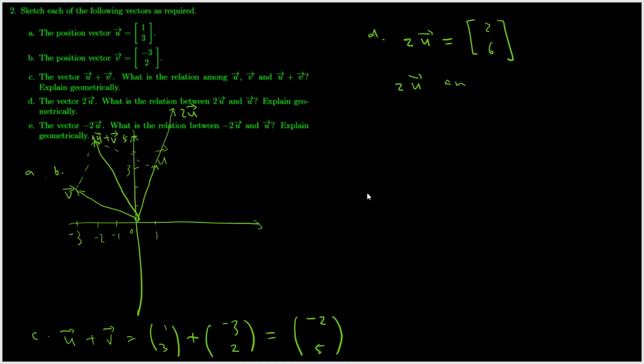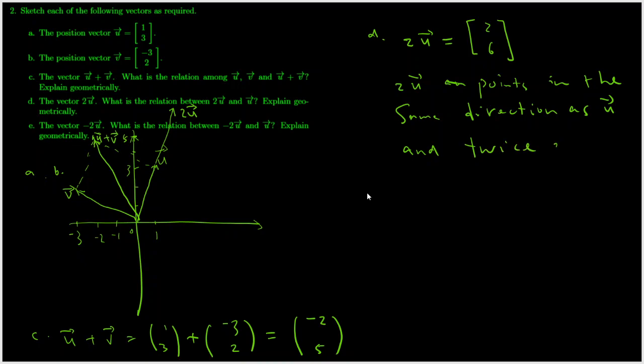Now let's do the direction first. 2u points in the same direction as u, right? And twice as long as u, I mean.